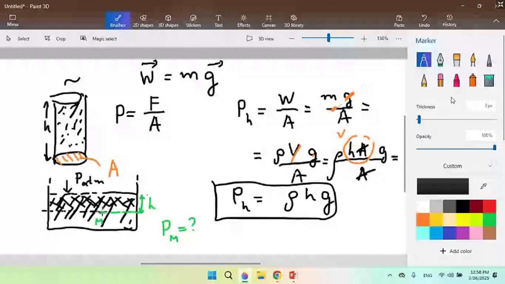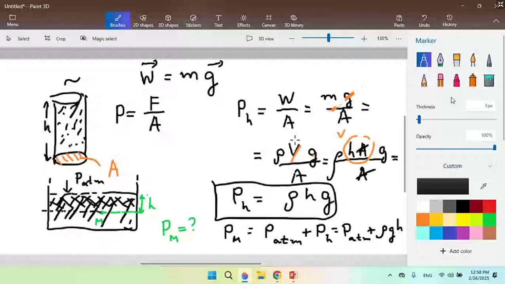So the pressure at point M would be the sum of atmospheric pressure and the hydrostatic pressure, or we can write P atmospheric plus rho G H. I hope that it will quickly start working since I have already written this.